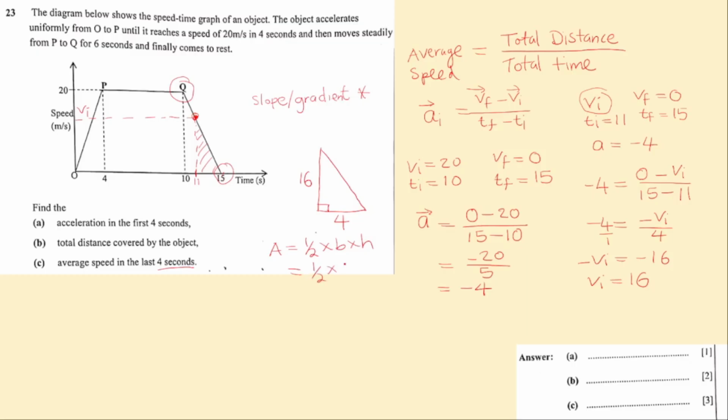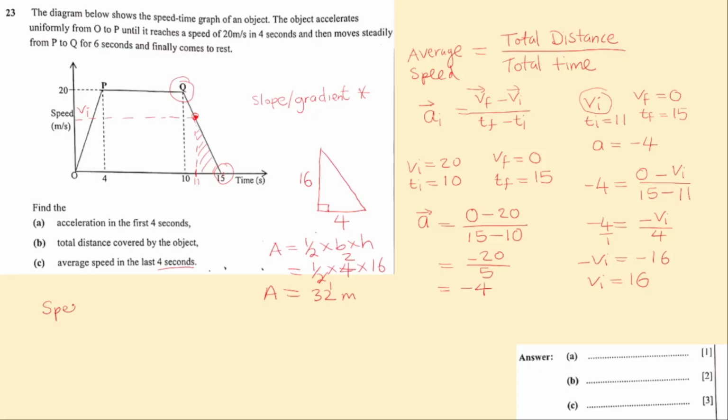Half by 4 by 16. 2 divided by 2 is 1. 4 divided by 2 is 2. So the distance covered in this interval will be 32 meters. The total distance covered in that interval will be 32 meters.